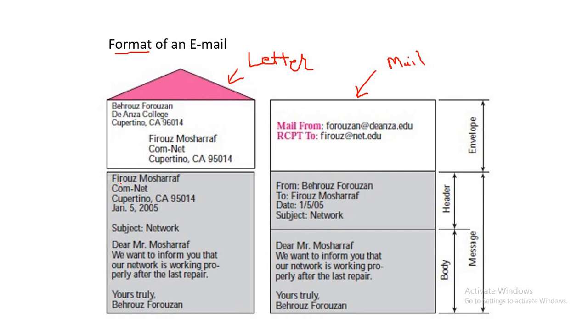There is the receiver's address. You will write the receiver's address in big fonts, like a title: Firoz Musharraf, Comnet, Cupertino CA 95014, get it, and there is a date, January 5, 2005. Subject: the subject is a network, and that is the body of the message.